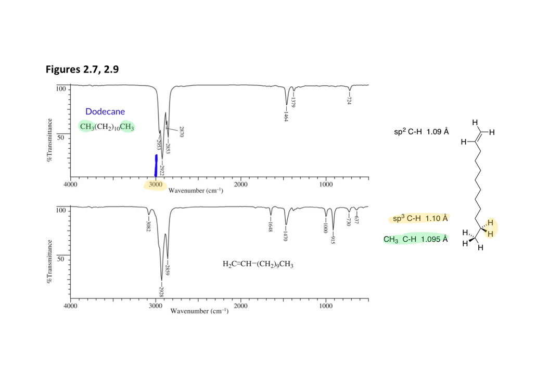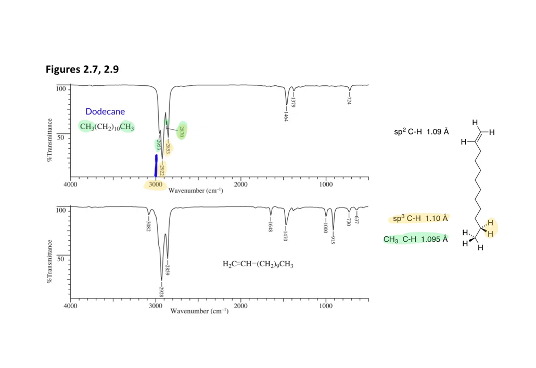The methyl group therefore shows up as a pair of stretches, one asymmetric stretch at 2950 and a symmetric stretch around 2870. And likewise for the sp3 hybridized CH2, carbon-hydrogen bonds have an asymmetric stretch at 2922 and a symmetric stretch at 2853.